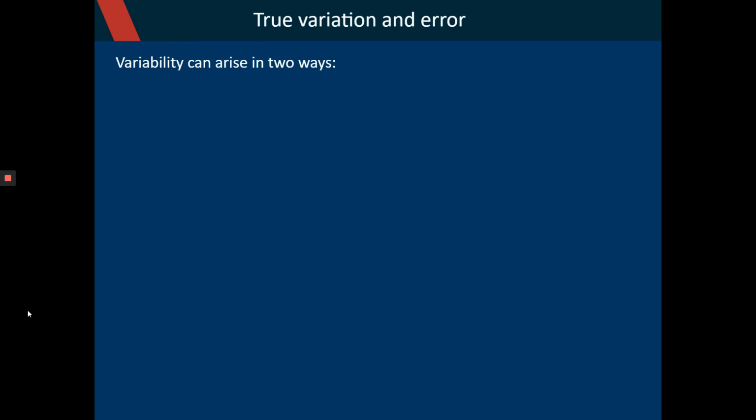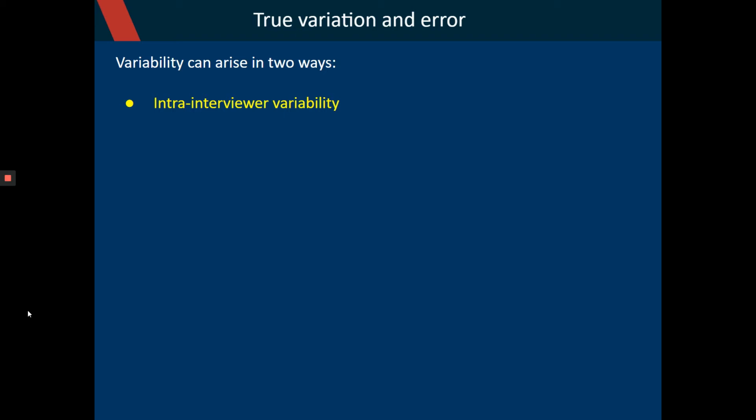Variability can arise in two ways during the interview process. There's intra-interviewer variability. Whenever you see intra, think inside. Intra means: does the interviewer change the way they interview people from one interview to another?